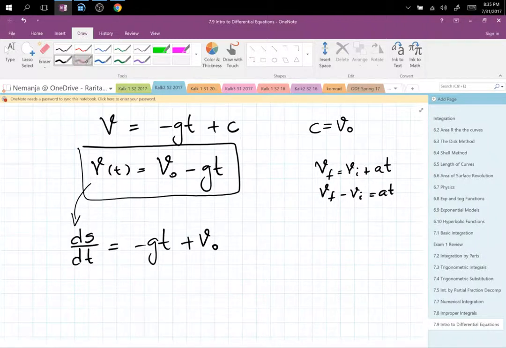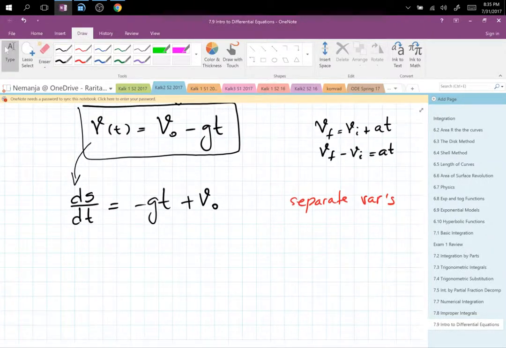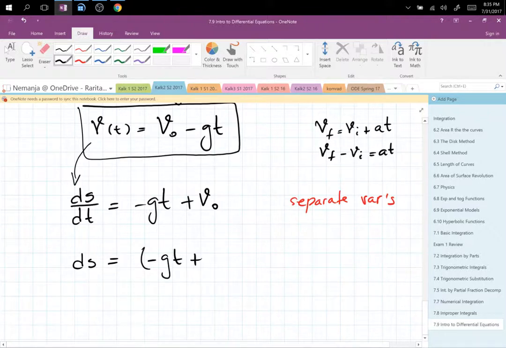So again, I'm going to separate variables, and I get ds is equal to negative gt plus v0, all times dt. We know that g and v0 are constants. T is the variable, so we have all of the t variables on the right and all of the s variables on the left.